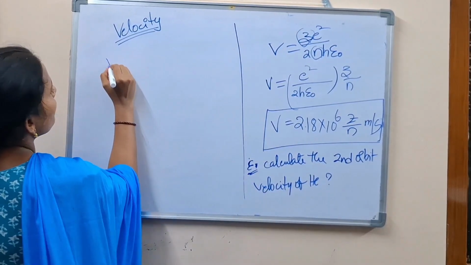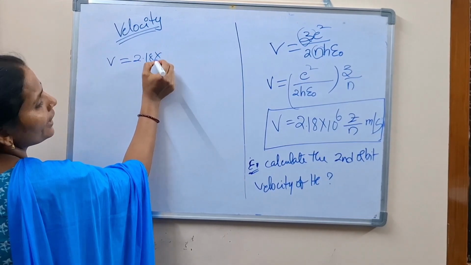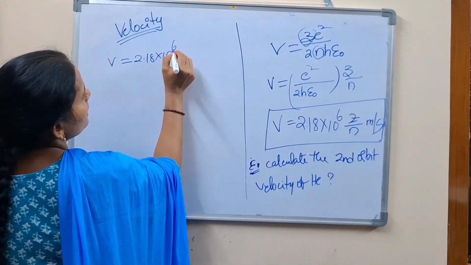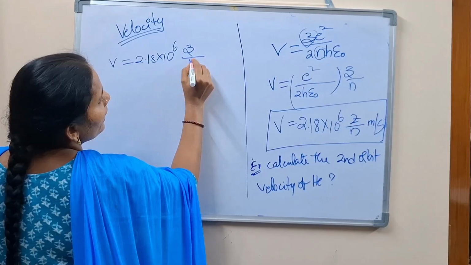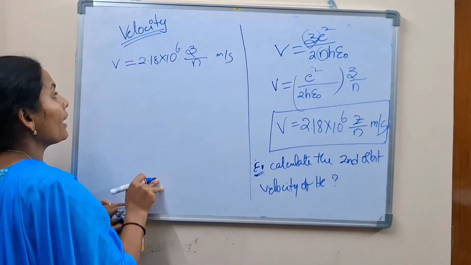What is the formula for finding the velocity? Velocity equals 2.18 into 10 power 6 into Z by n meter per second.